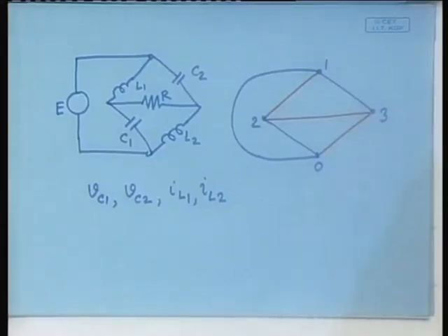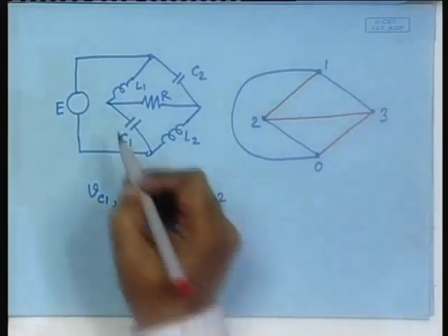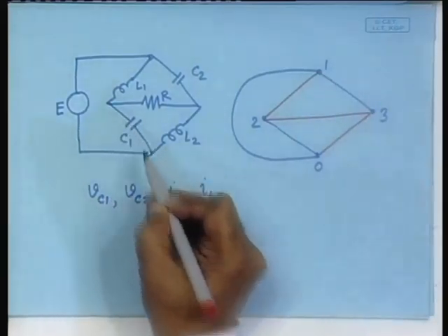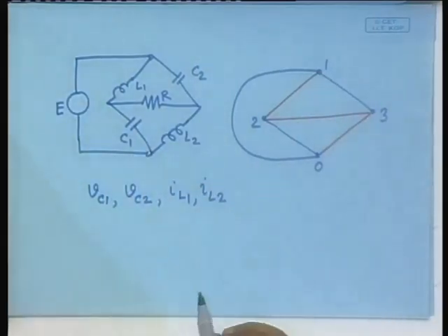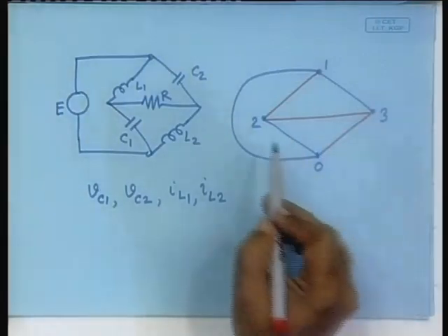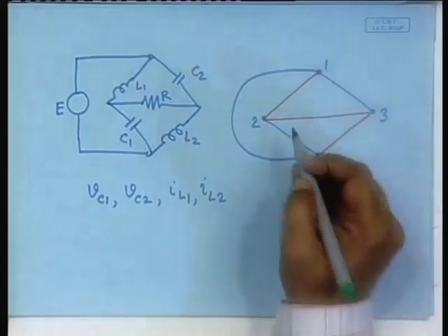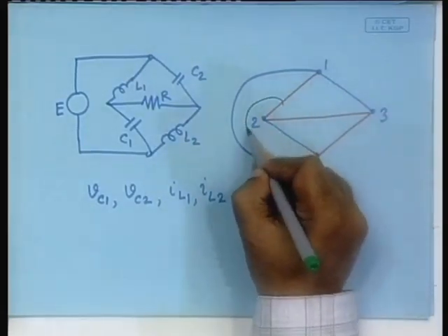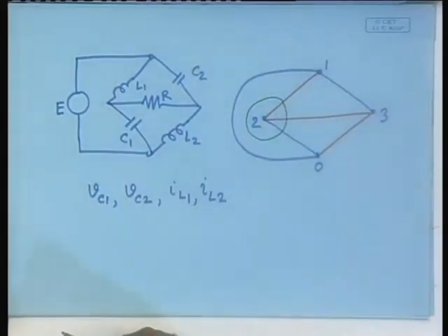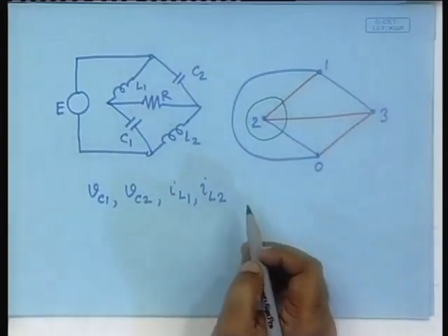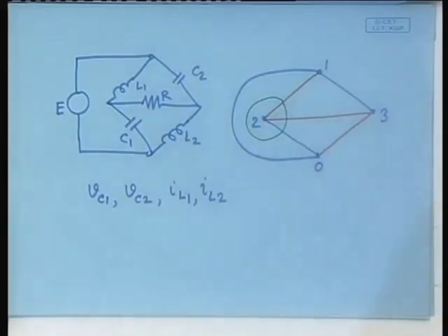Suppose we want to find out this capacitor voltage VC1. We have to identify the cut set that contains the C1 branch. It is simple. So, immediately you write down the equation. We have to give the labels.